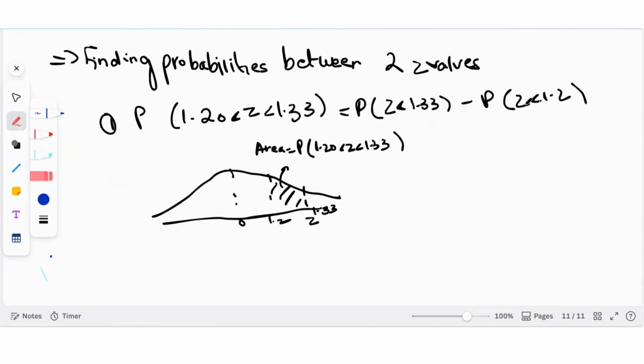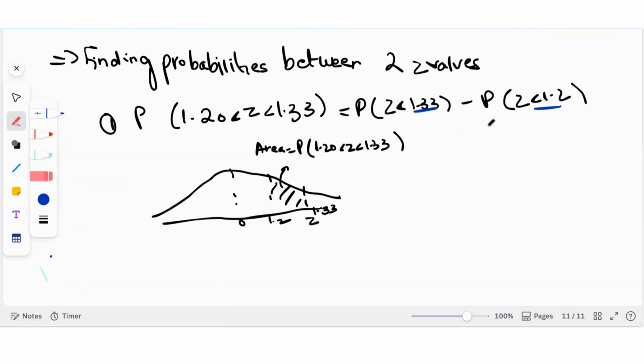Right, and now we can see both of these probabilities are in the form of the CDF for positive values. Like we said, the first step is to ensure we only have positive values, so we do. Here z is 1.3, here z is 1.2, and both are in the form of the CDF of z, in the form probability capital Z less than or equal to small z, where small z is some positive value.